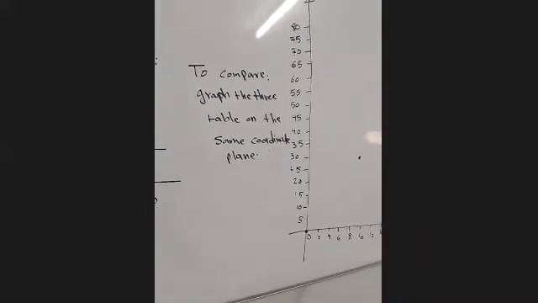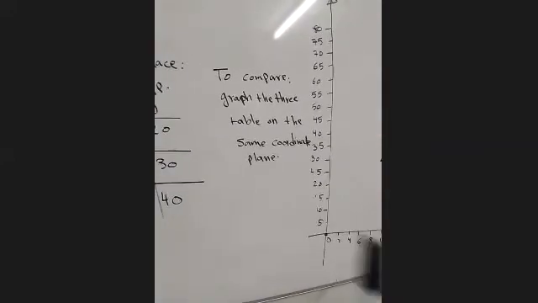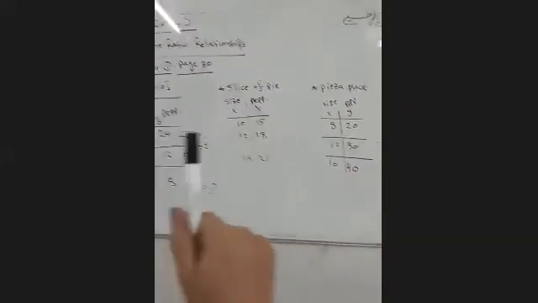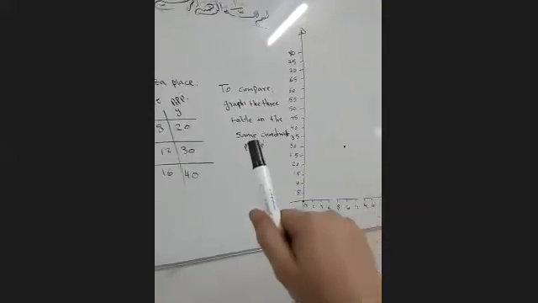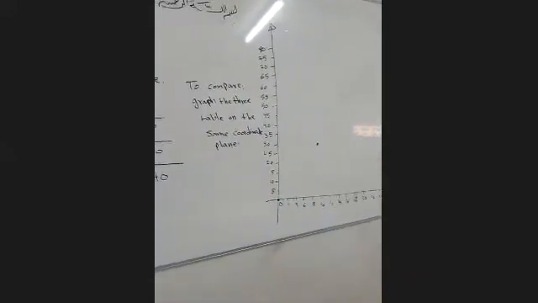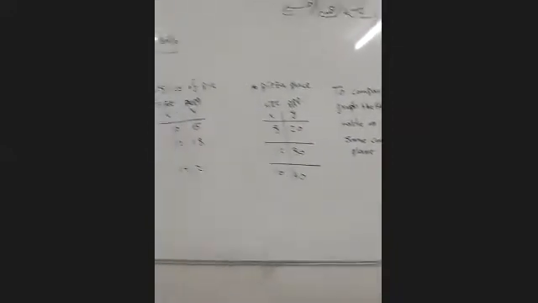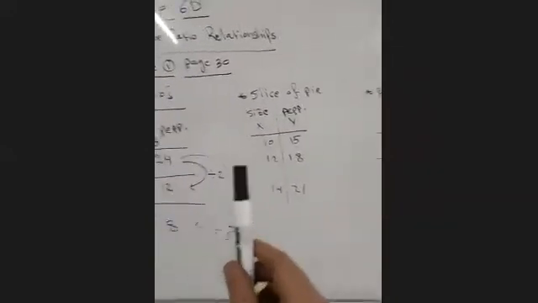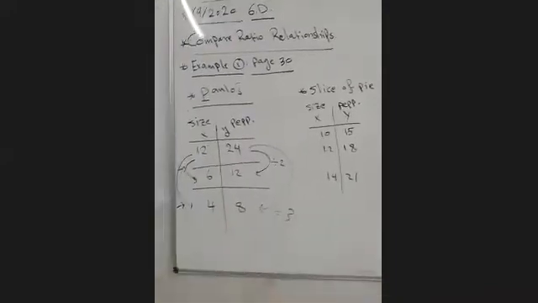We did it in the previous lesson. To compare between these three tables, I will graph them on the same coordinate plane. To make the idea clearer, I will use a color for each table. I will use blue. Sorry, I will use green for Paolo's. Not the green, I have yellow.